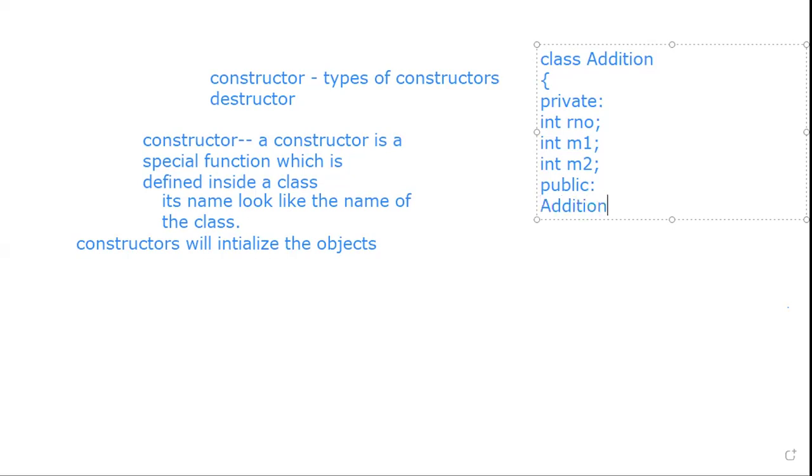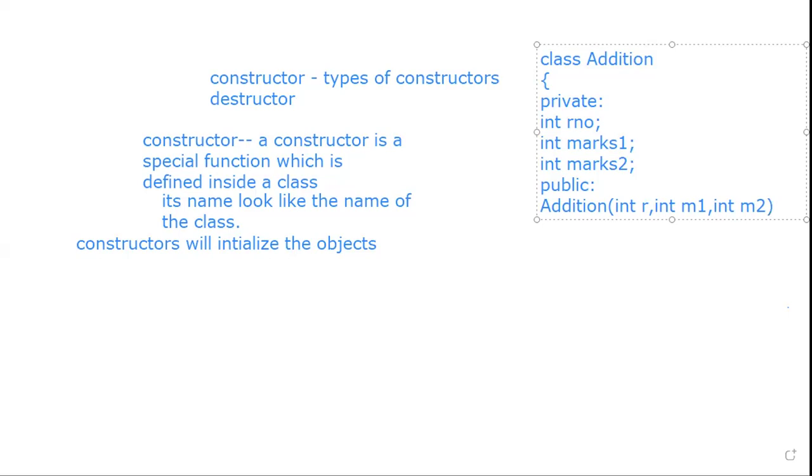I will say addition. As I told already, the function name and the class name should be the same for the constructor, right? So here I'm saying int r, comma, int m1 and int m2. If you get confused, I will say marks1. Here the marks2. Okay.